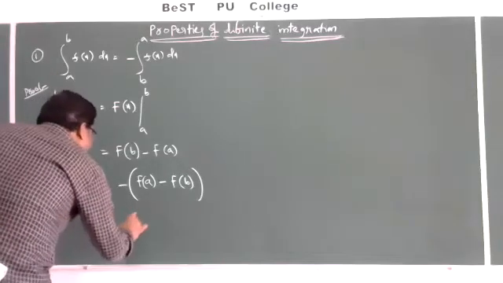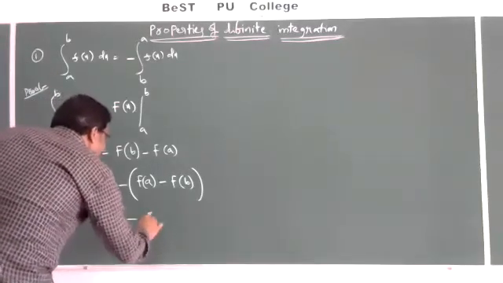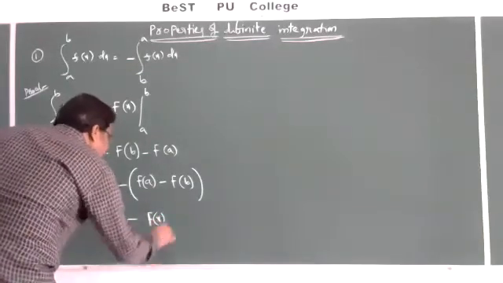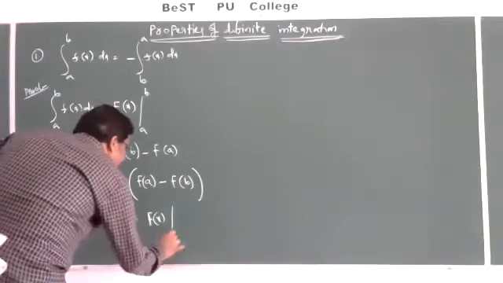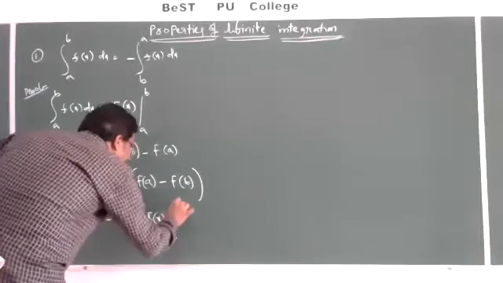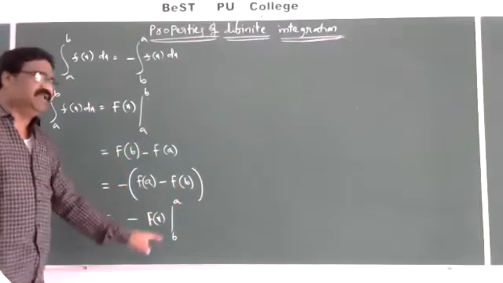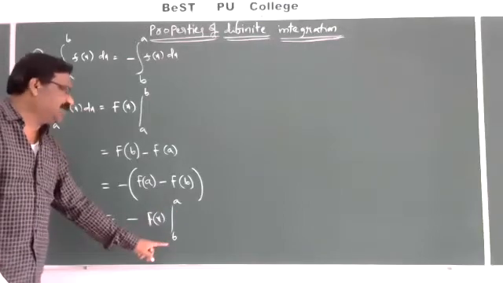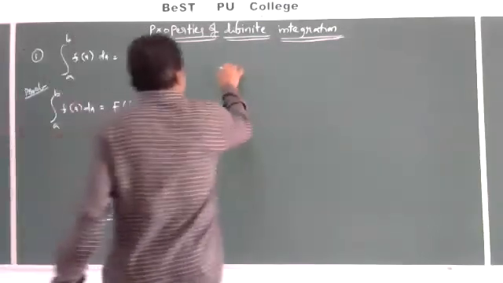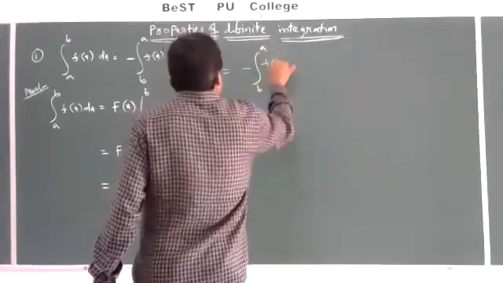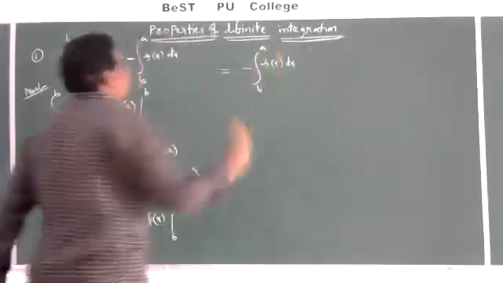So this is minus F of x from the limits b to a, upper limit minus lower limit. That is equal to minus integral b to a f of x dx. That's enough. Simple.